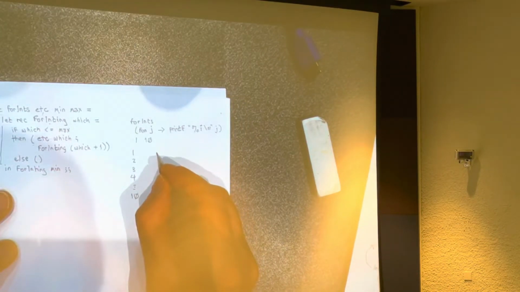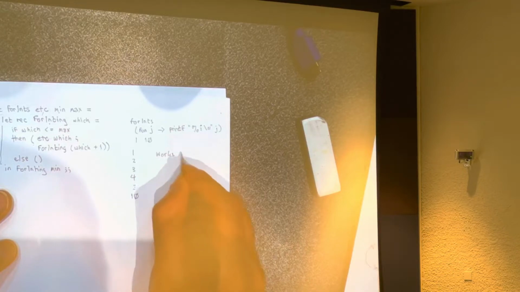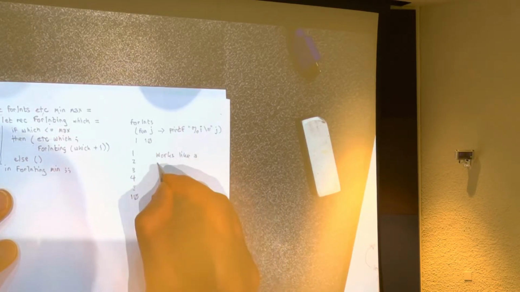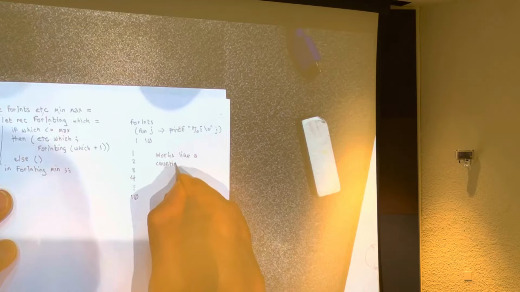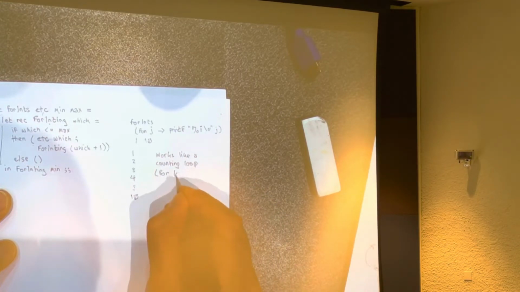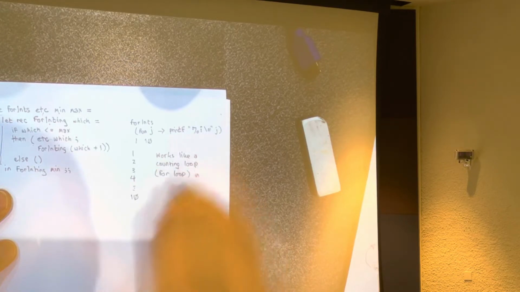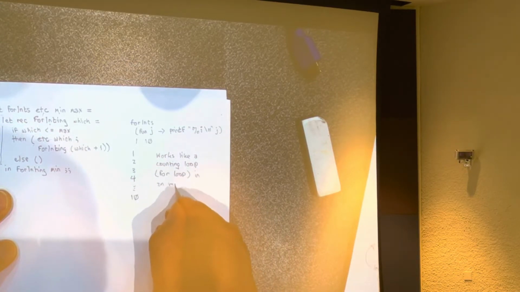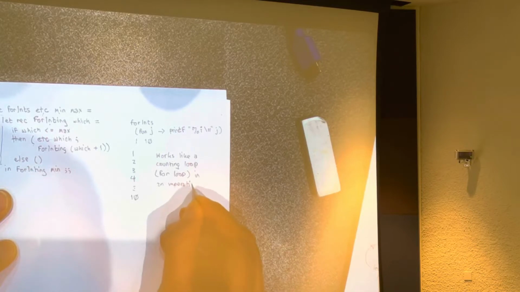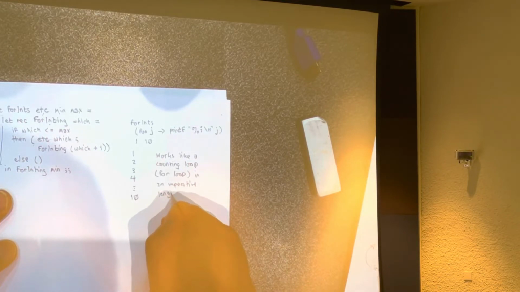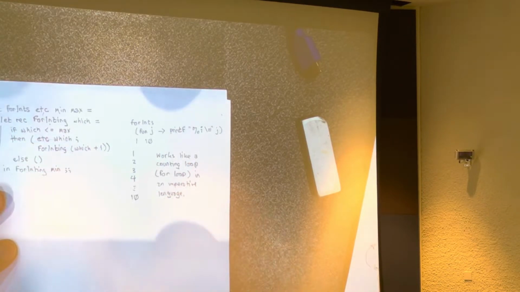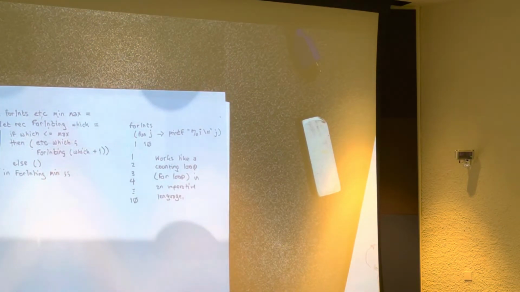And this works like a counting loop, or a for loop, in an imperative language. Okay, so what's this telling us? This is saying that if we have continuation passing, we don't actually need a for loop. We can write our own.